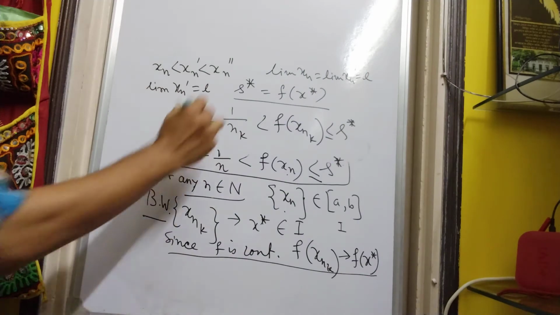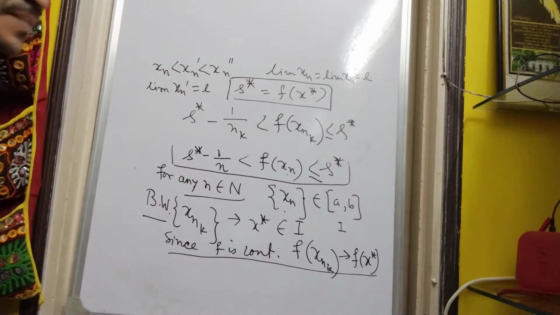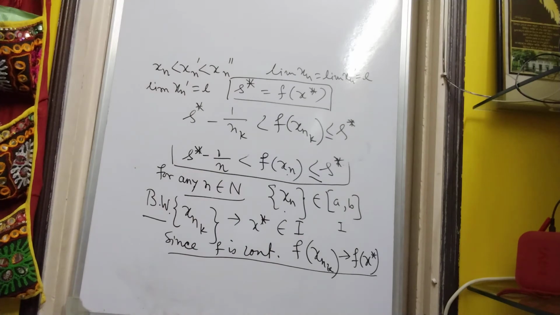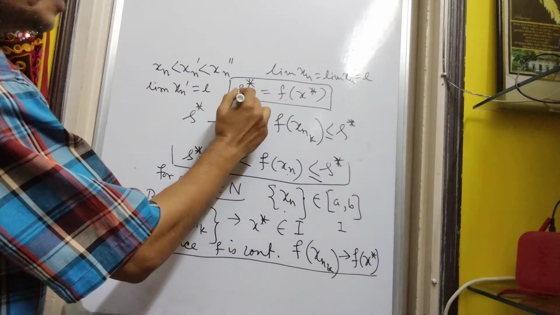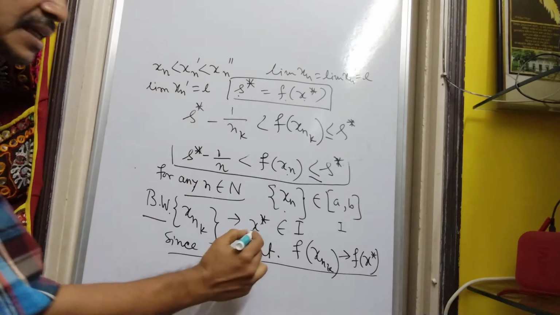So we have S star equal to f(x star), and that means f attains its bound because x star is in I.